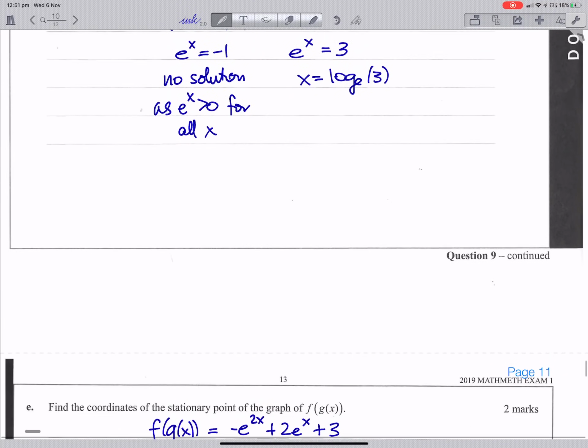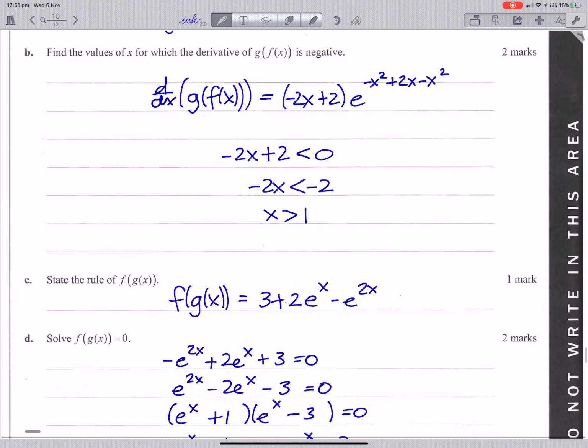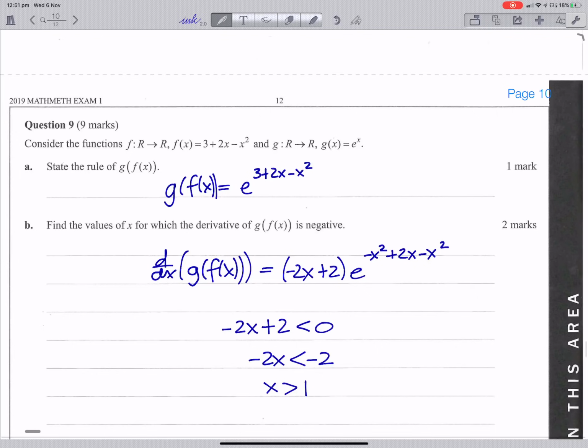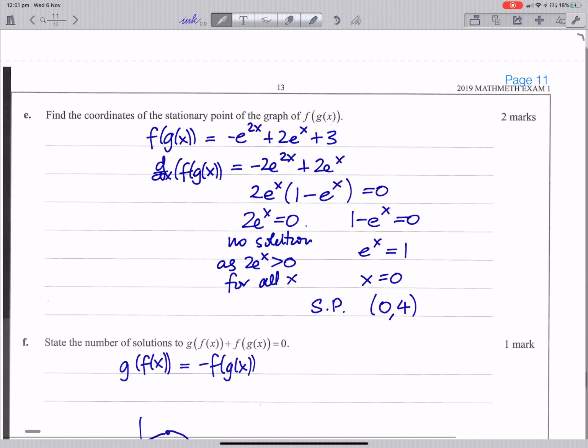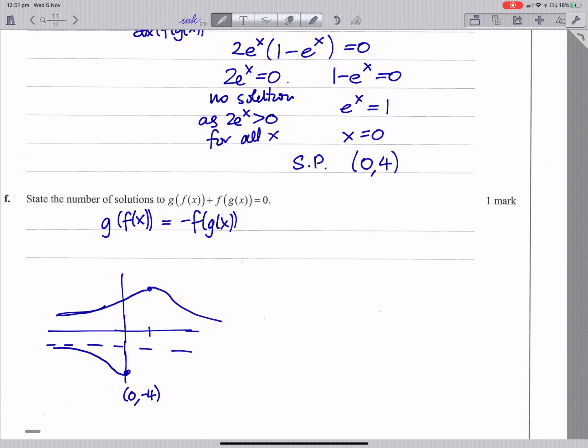Is there any limiting factor? E to the x is always going to be greater than 0. So we know it's got to go up like that, down like that, because it's got a turning point there and it doesn't turn back up.